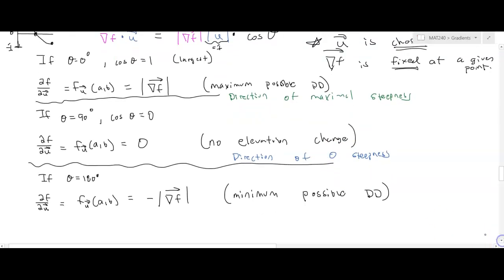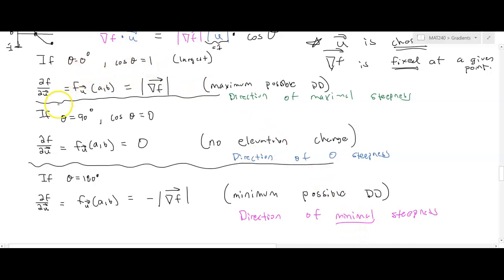And if we travel opposite, in other words, the exact opposite direction of the gradient vector, then what we get is the direction of minimal steepness. Now, minimal, you have to be careful because the larger the negative is, the more minimal that is. Right? So large negatives are actually smaller than positives. So when we say minimal, we mean the largest negative value that we can generate.